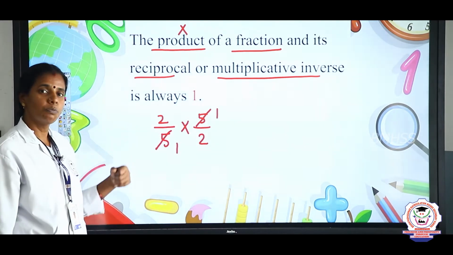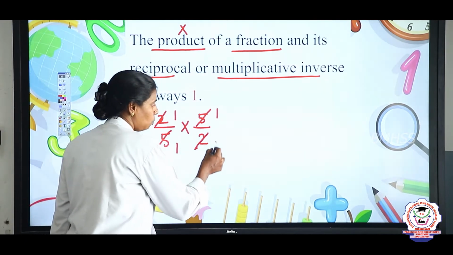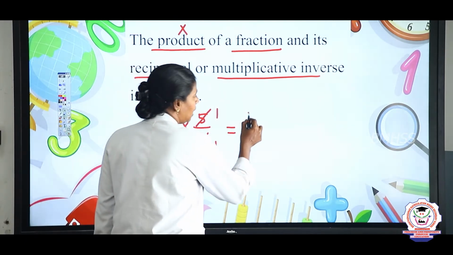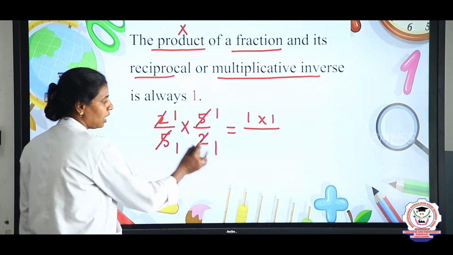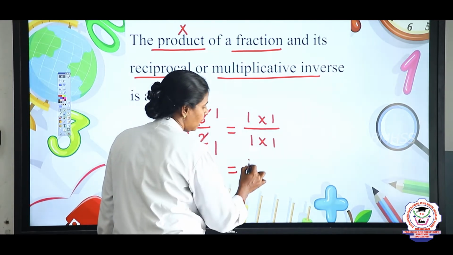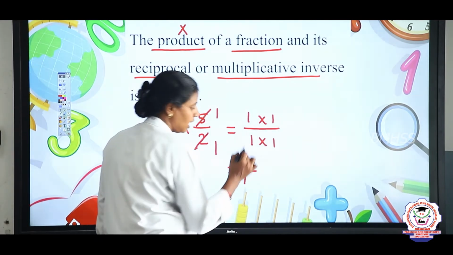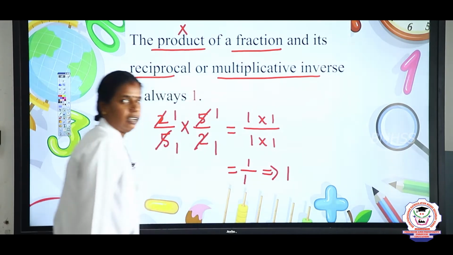We can cancel both. So, 2 ones are 2. Multiply the numerators, 1 into 1, by the denominators, 1 into 1. So, 1 by 1 we can write as 1, right?